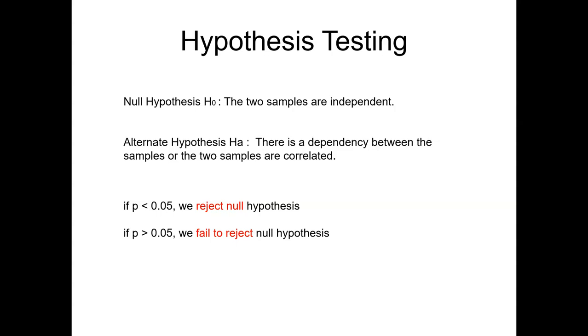We will calculate the p-value programmatically using Python, and if the p-value is less than 0.05 we reject the null hypothesis, but if it is greater than 0.05 we fail to reject the null hypothesis. So now let's jump into the Jupyter notebook.